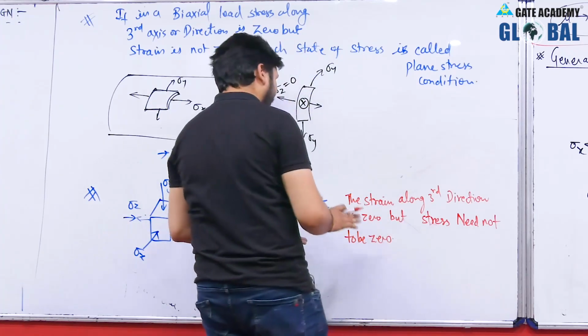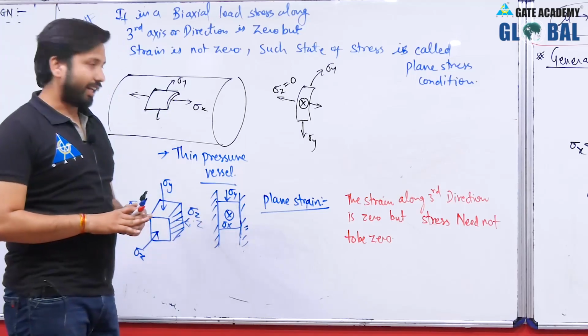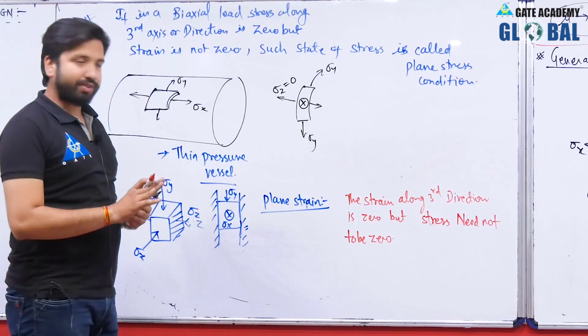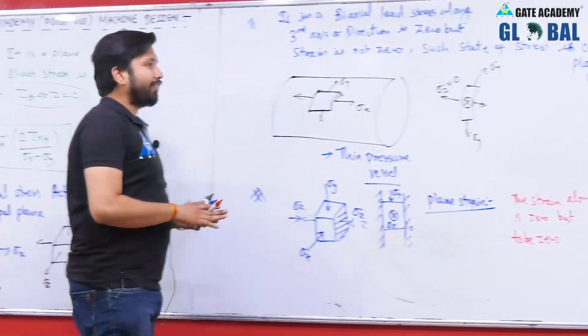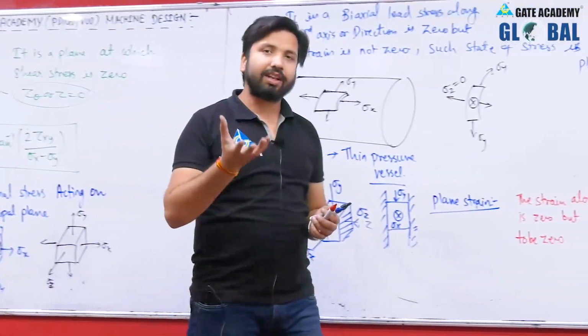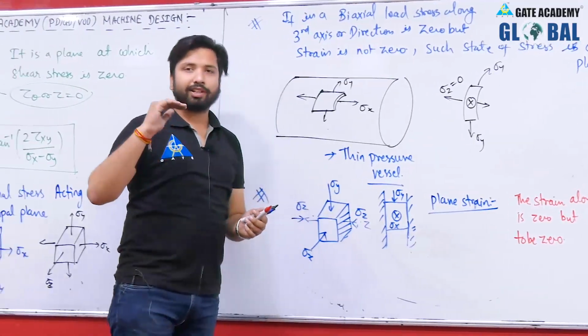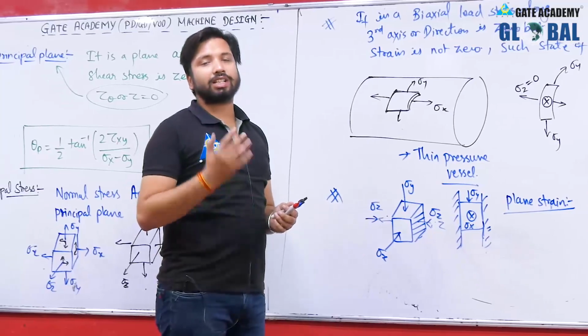So, stress can be there, but strain will definitely be 0 in the third direction. So, this is the condition of plane strain. Now, in the majority of cases in our problems of machine design, we will be discussing the plane stress condition. We won't be discussing the plane strain condition. The majority of cases will involve the plane stress condition.